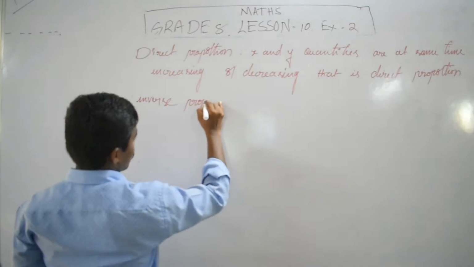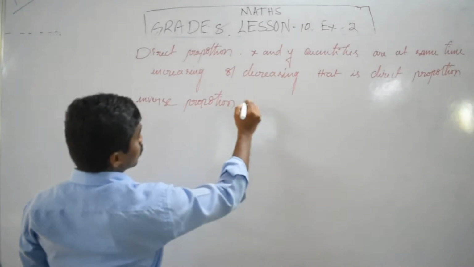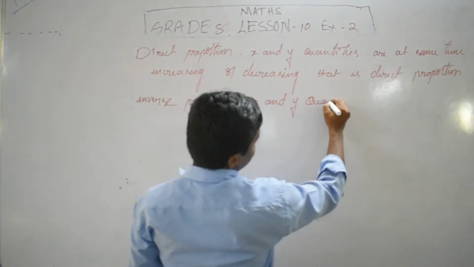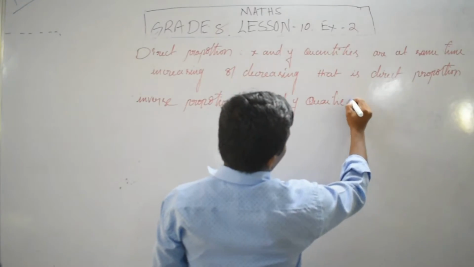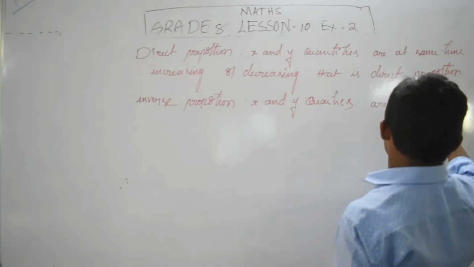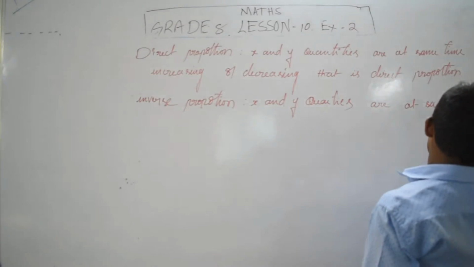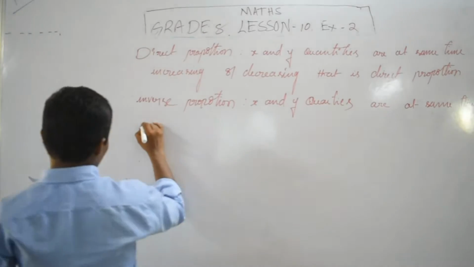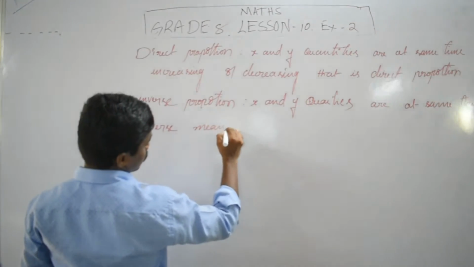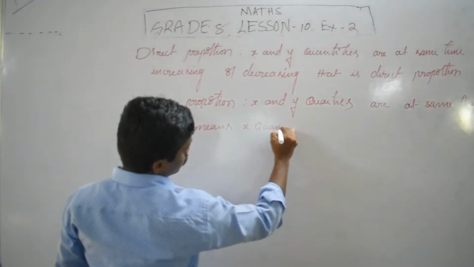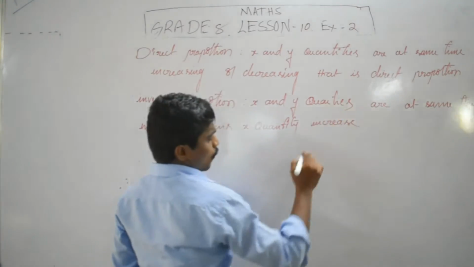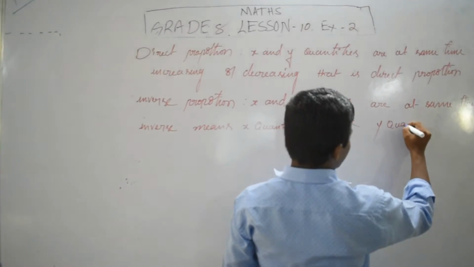Inverse proportion: x and y quantities, inverse means x quantity increases, y quantity decreases.